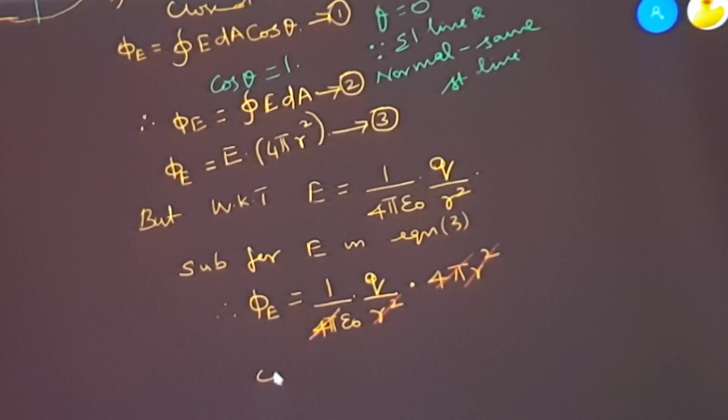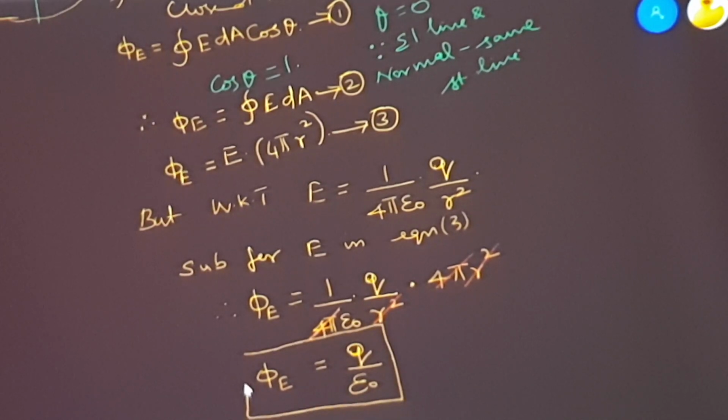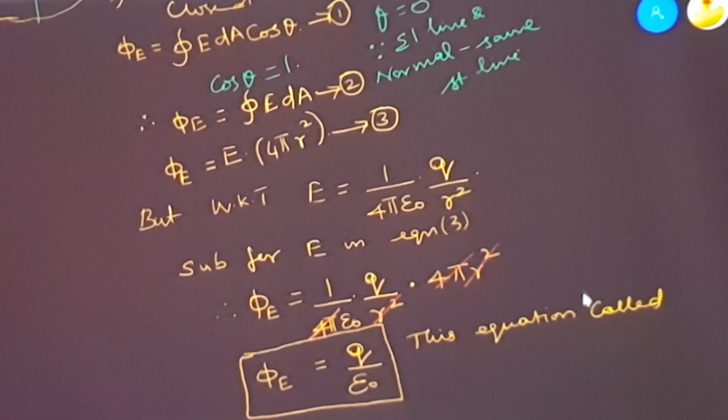If that is the case, the flux available phi E is equal to, what is the formula? You see, q divided by epsilon 0. So this formula states the Gauss law, or I can say this equation is called Gauss law. Clear?